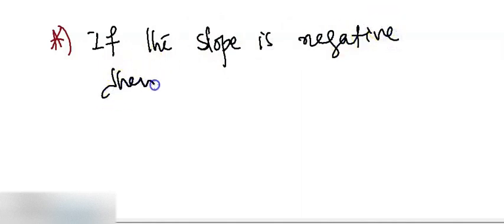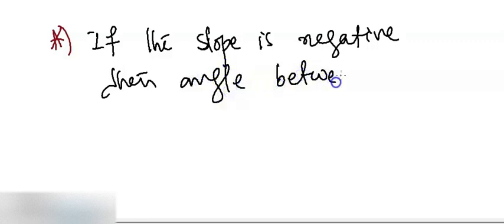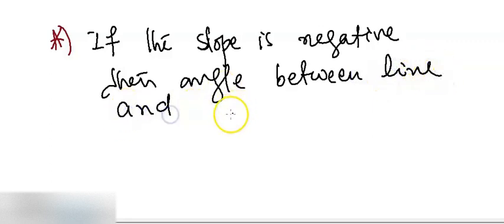One more thing that I'm not going to prove, but I'll state it over here, that you need to discover by yourself, is that if the slope is negative, then the angle between the line and the x-axis is obtuse.